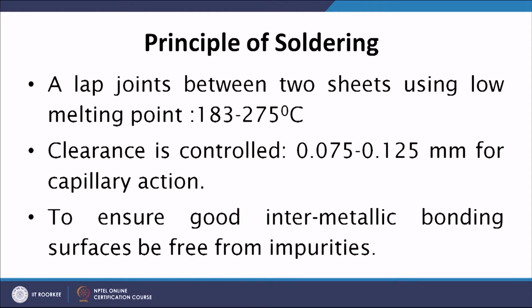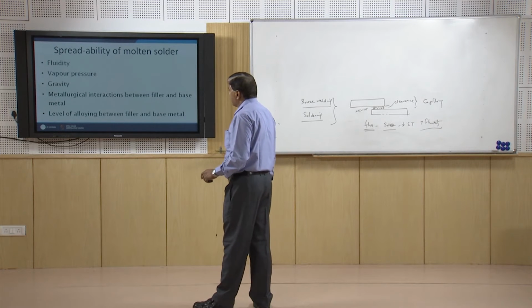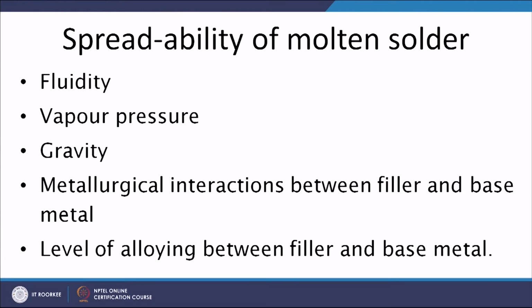So, the surfaces must be free from impurity, so that intermetallic bonding can take place. The factors that affect the spreadability of the molten solder between the sheets are, as I have explained, the fluidity, vapor pressure, gravity or the orientation of the plates, and the kind of metallurgical interaction between the filler and the base metal, whether it is by intermetallic formation or by alloying with the base metal.